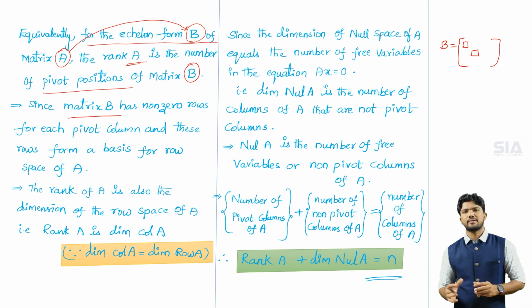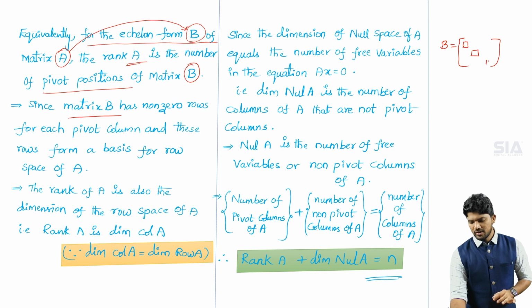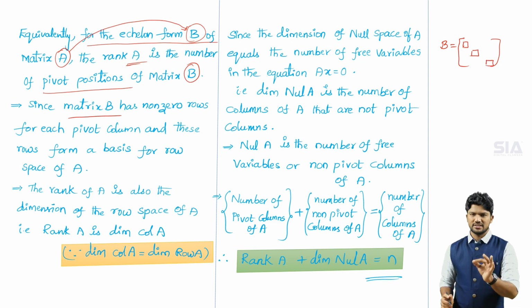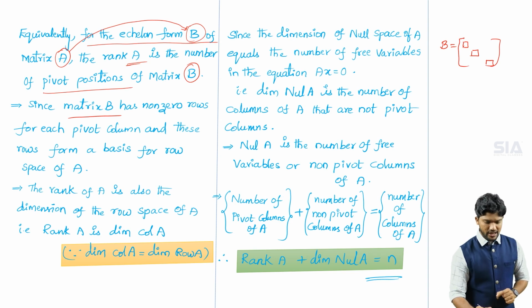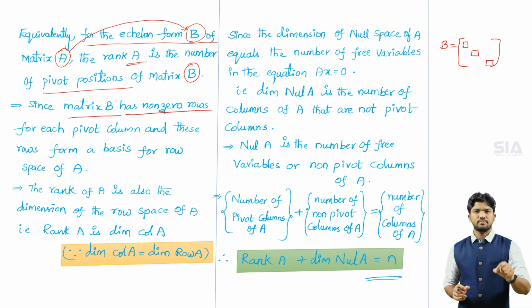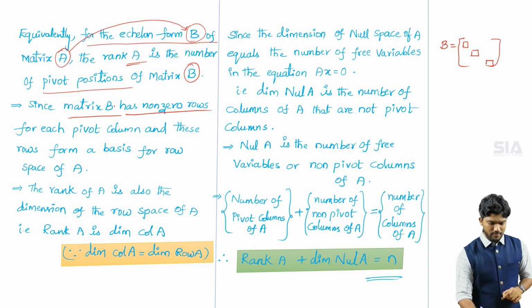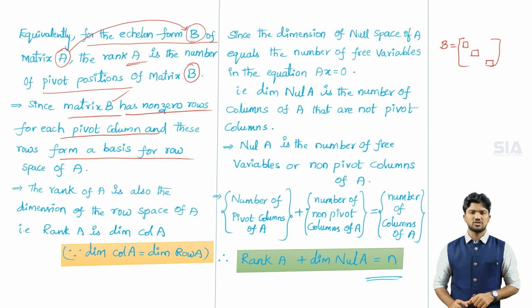If it is not a square matrix, each and every row contains a pivot position. అక్కడ మీకు స్క్వేర్ బాక్సెస్ ఏంటంటే పివోట్ పొజిషన్స్ అన్నమాట. అక్కడ ఈచ్ అండ్ ఎవ్రీ పివోట్ పొజిషన్ ఎగ్జిస్ట్ అవుతుందంటే ఇక్కడ దట్ రో హ్యాస్ నాన్ జీరో. Okay, that matrix if it has a pivot position, that row is non-zero. So therefore capital B has non-zero rows for each pivot column, and these rows form a basis for the row space of A.